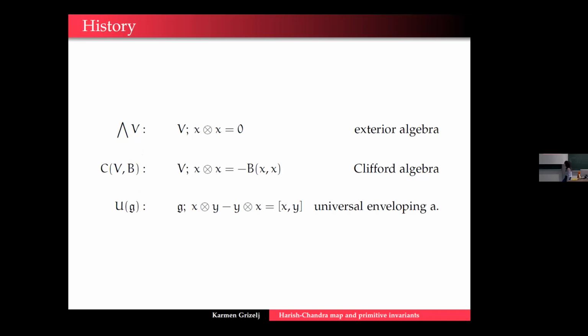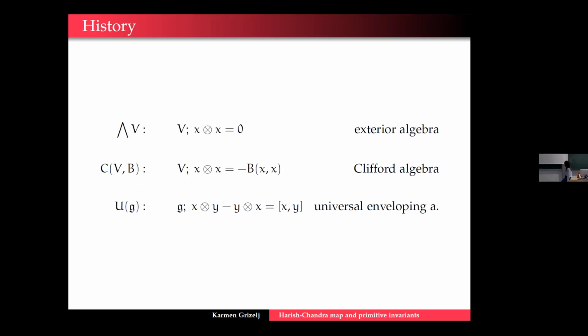So the exterior algebra, I guess you are familiar with that one. It's just the algebra generated by the space V and is given by the relations x times x equals 0, or you can say that elements of degree 1 anti-commute.